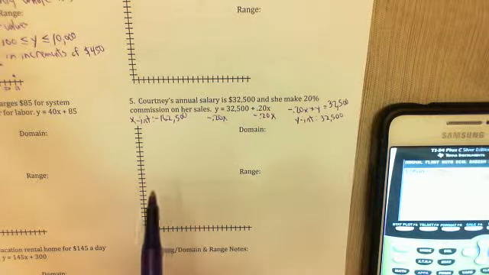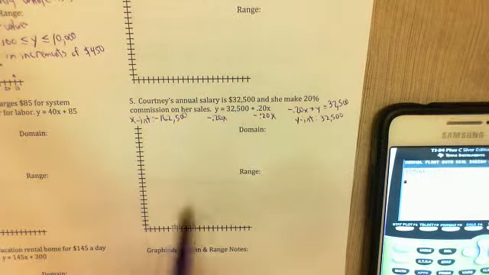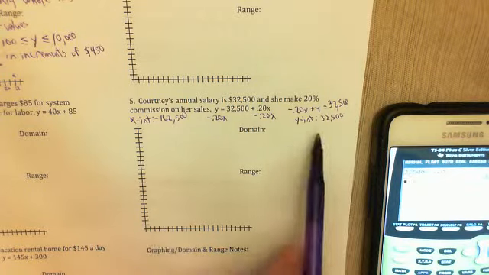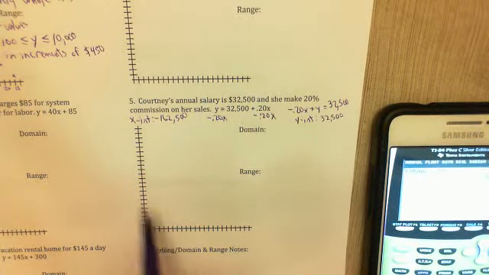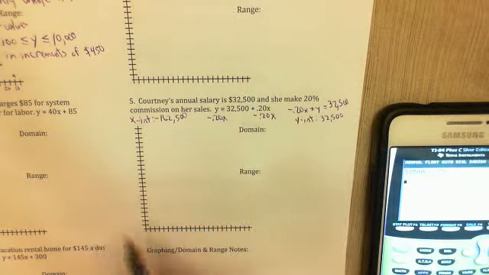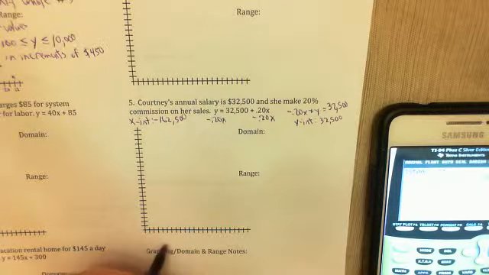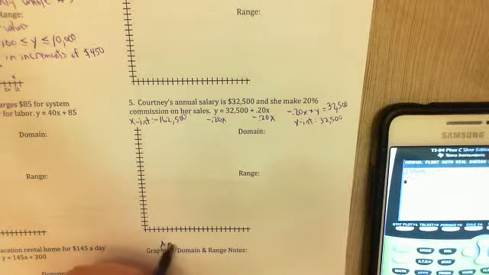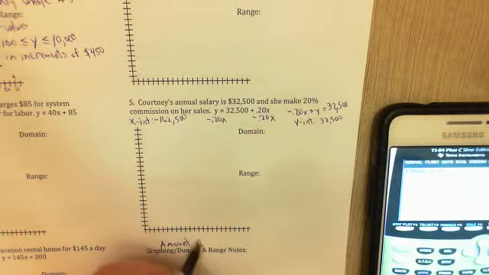So this is actually going to be my lowest y value. If that's my lowest y value, I have to think about how I am going to scale this to make that make sense. So first let's label our x and y axis. Remember from this one, x was the amount of sales, and that's going to be in dollars.